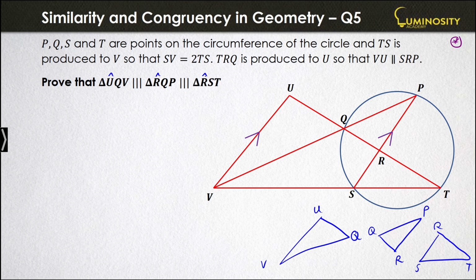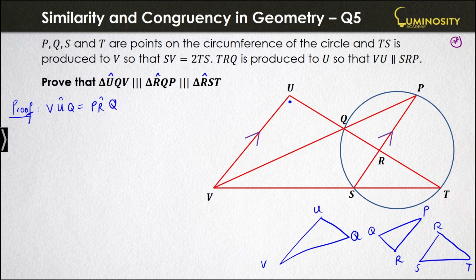Okay, let's look at this angle Q here. In that triangle VUQ, so here's my proof. I'm going to use angle, angle, angle for each of them. Angle VUQ is equal to angle PRQ. Where am I getting that reasoning?